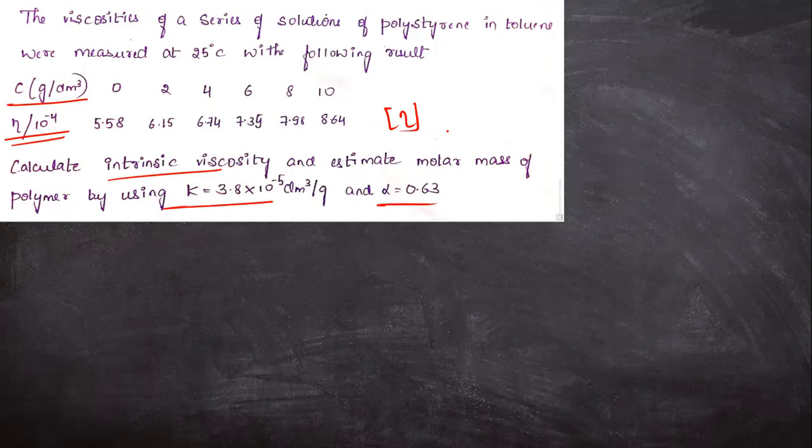K and alpha are given, so we can use the formula: intrinsic viscosity is equal to K into viscosity average molecular weight raised to alpha. So they are asking us to calculate intrinsic viscosity, and next to calculate this M v.